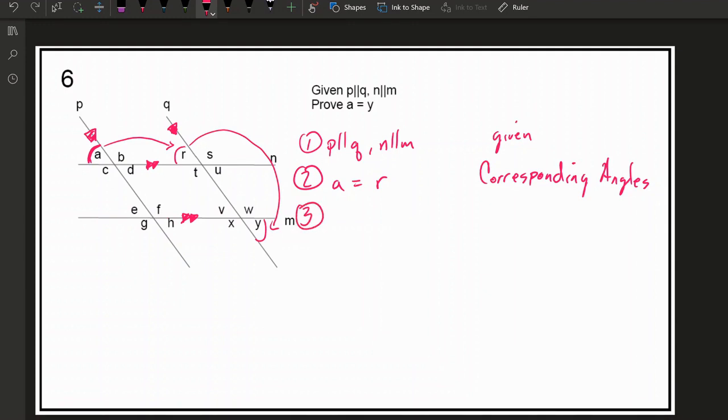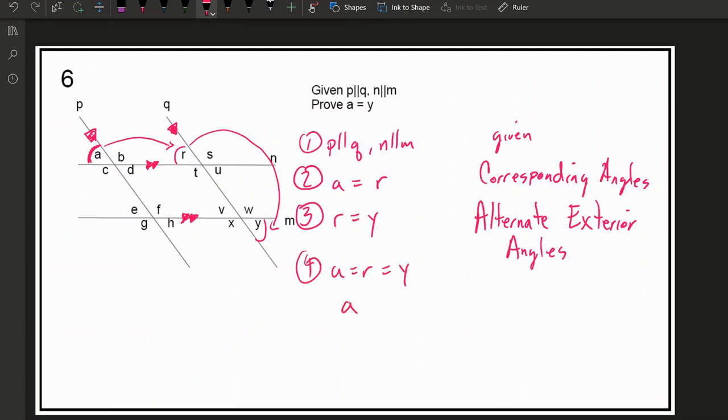Step 3, R is equal to Y because of alternate exterior angles. And now, since A is equal to R and R is equal to Y, I'm allowed to say A is equal to R, which is equal to Y, so A is equal to Y, and that is called the transitive property.